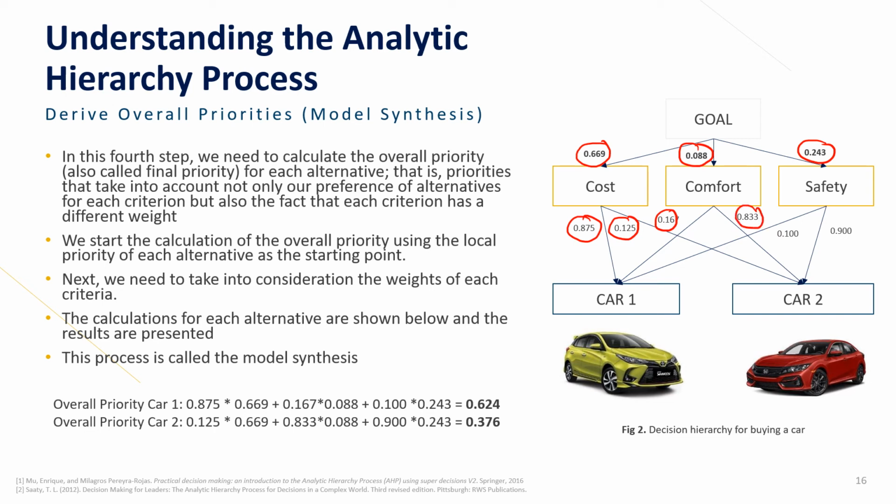Here we go. For example, in terms of cost, car 1 is 0.875, car 2 is 0.125. In terms of comfort, car 1 is this one, car 2 is this one. In terms of safety, car 1 is this, car 2 is this.